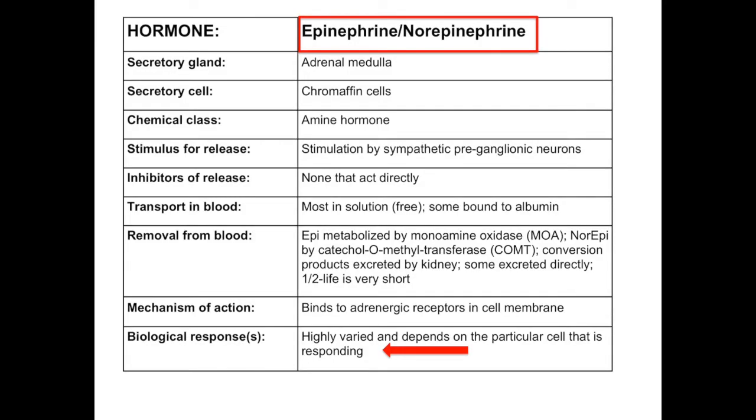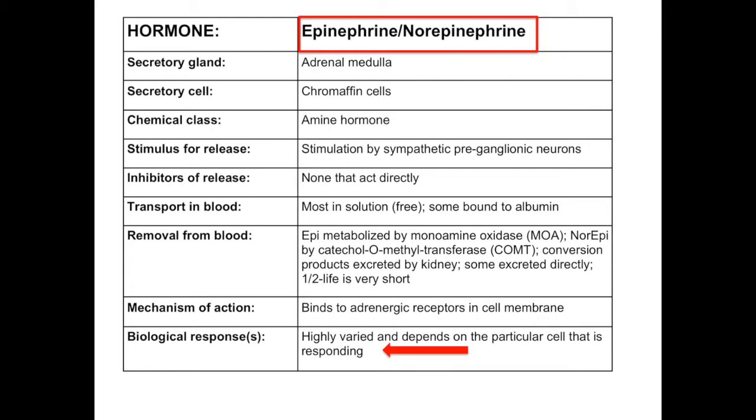The properties of the catecholamines are shown in here. They're secreted by the adrenal medulla via the chromaffin cells. It's an amine hormone, and that means it's soluble, and so it is freely transported, dissolved in the plasma, but some of it might bind to albumin. It's stimulated for release by sympathetic preganglionic neurons, and it's metabolized by monoamine oxidase, and the degradation products are excreted by the kidney.